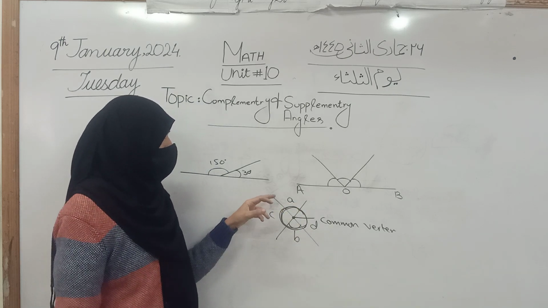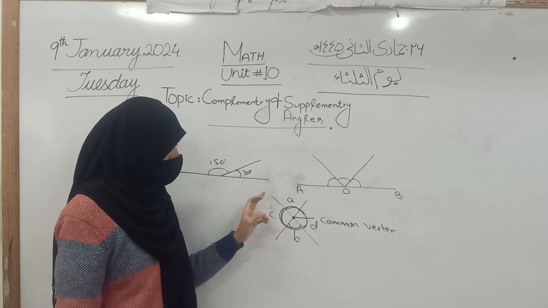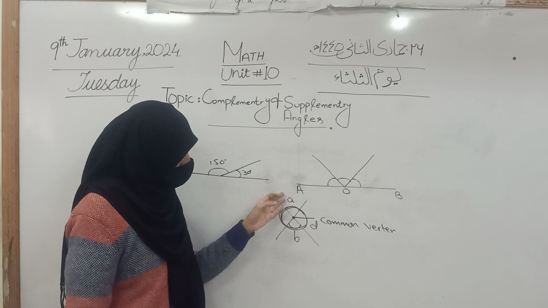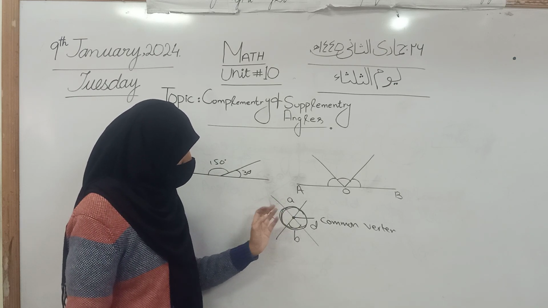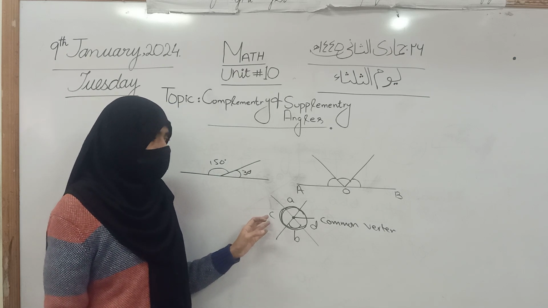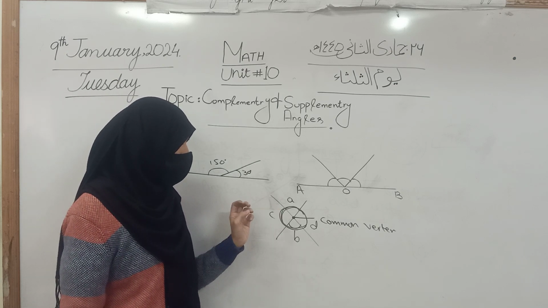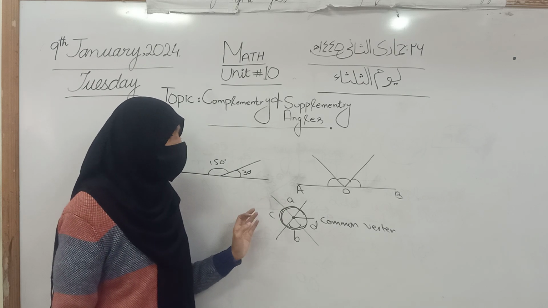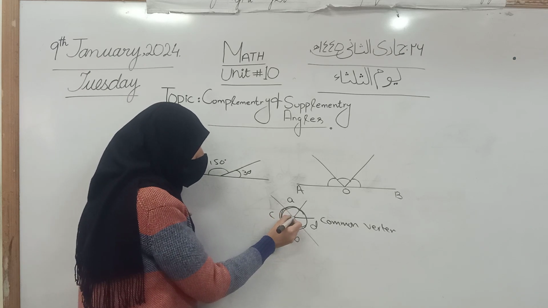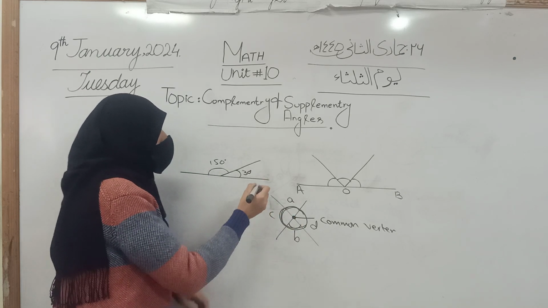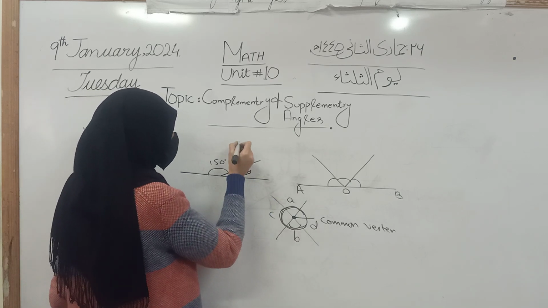Okay. So if there are intersecting lines, there will be opposite angles, like A is opposite to B and B is opposite to A, C is opposite to D and D is opposite to C. There will be pairs of opposite angles, sharing a common vertex of intersecting lines, and there 4 angles will be formed, and all the angles are making at a point.